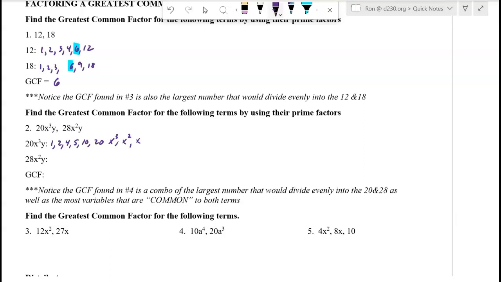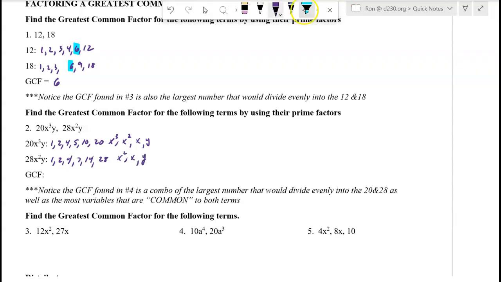And the factors of y is just y. So when I look at the factors of 28x squared y, I have 1, 2, 4, 7, 14, and 28. Factors of x squared would be x squared and x, and the factors of y would be y.